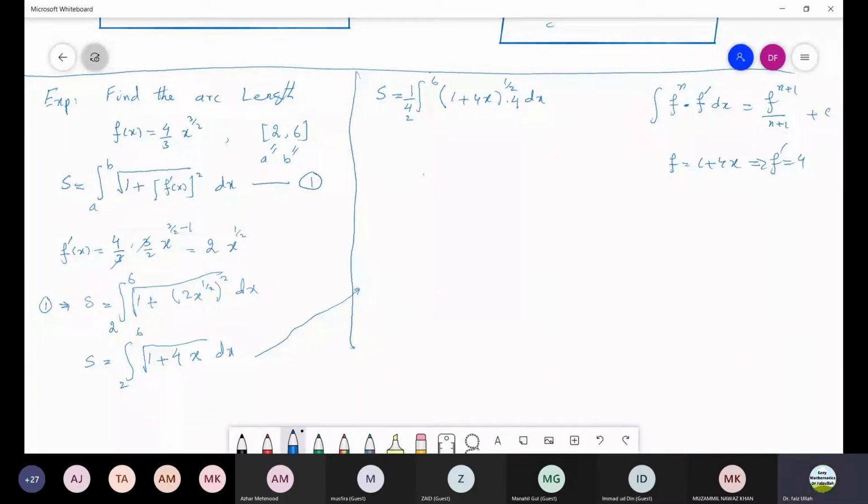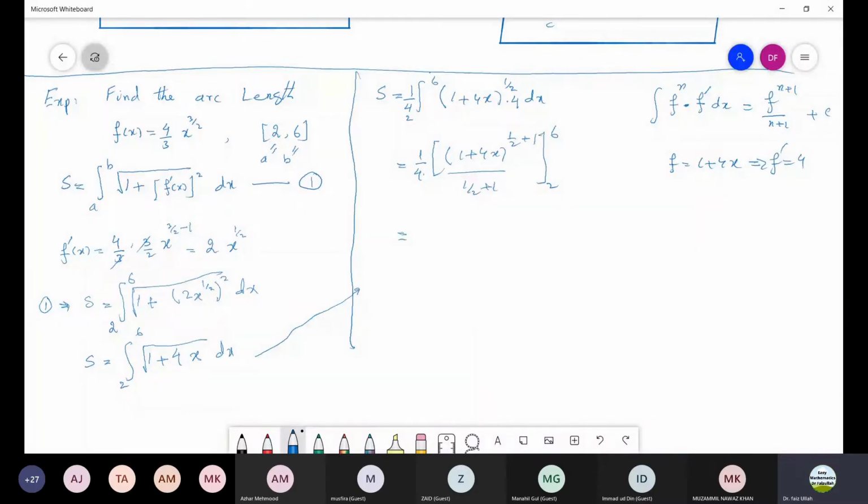So now we have f power n is 1 over 2. Using that rule, I can write 1 over 4. And now integration of this is 1 plus 4x whole power 1 over 2 plus 1, divided by 1 over 2 plus 1. The limits are from 2 to 6. Let us simplify this.